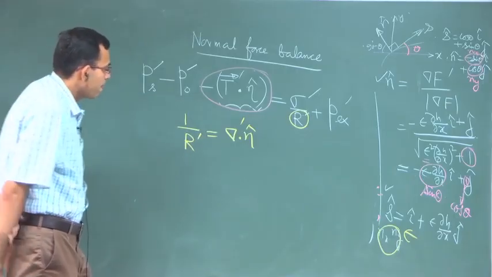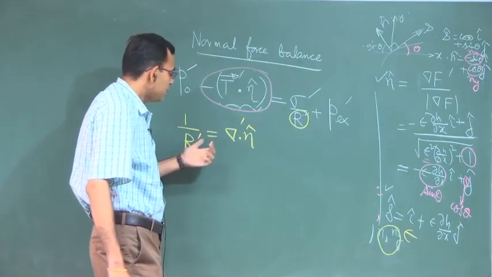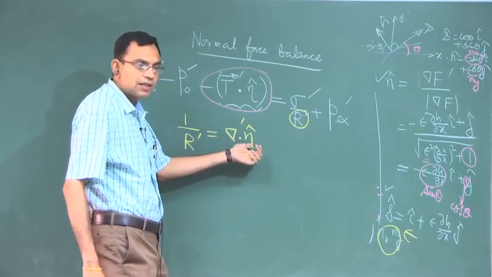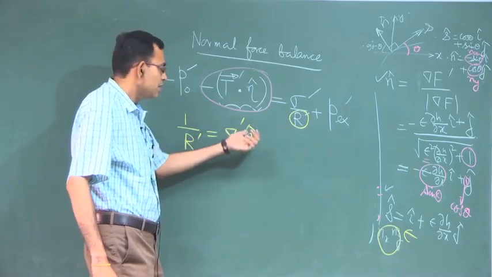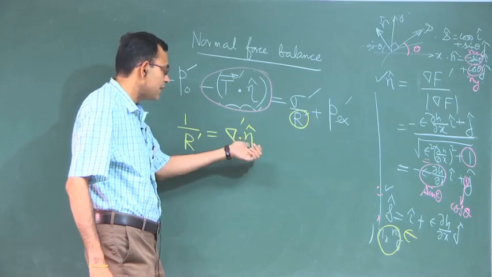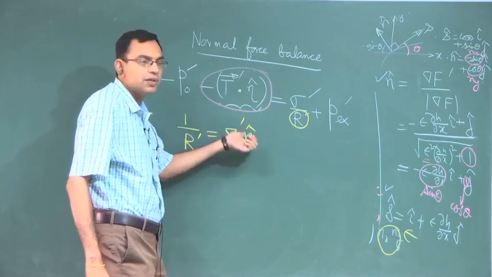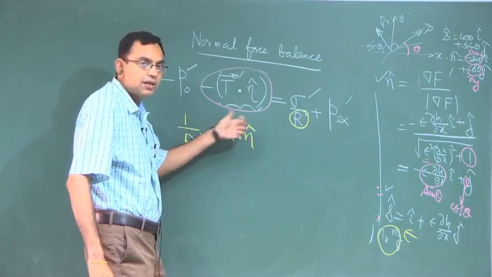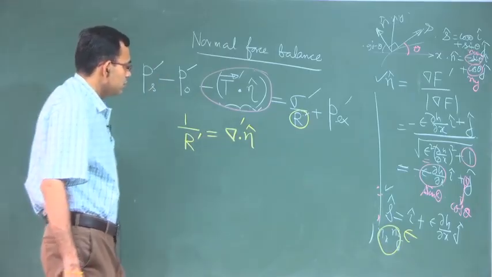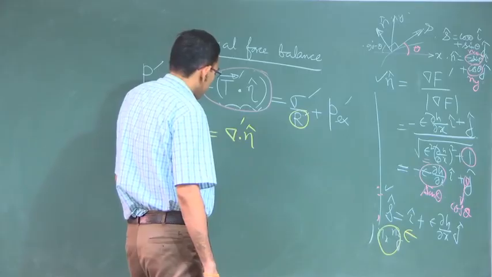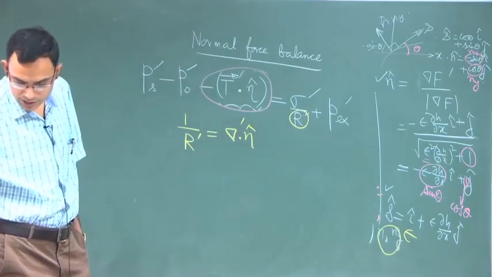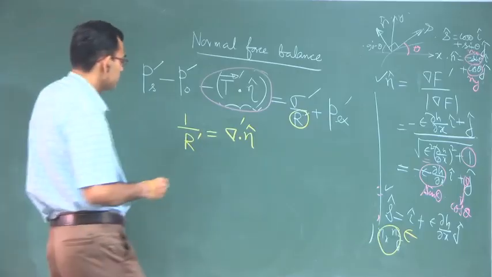So, 1 by r is the divergence of the unit normal vector, that is how they are related from vector analysis with coordinate geometry. You will get this in an elementary mathematics course. So, now let us write these corresponding expressions.